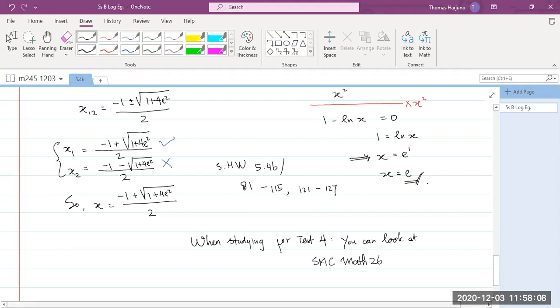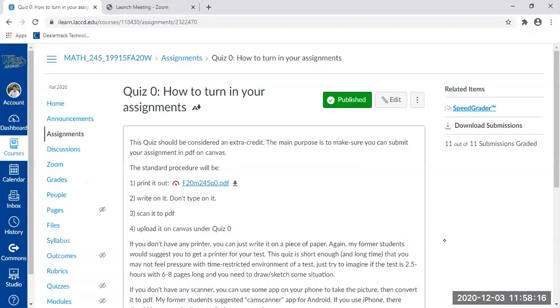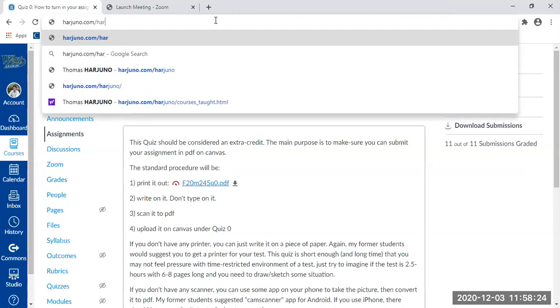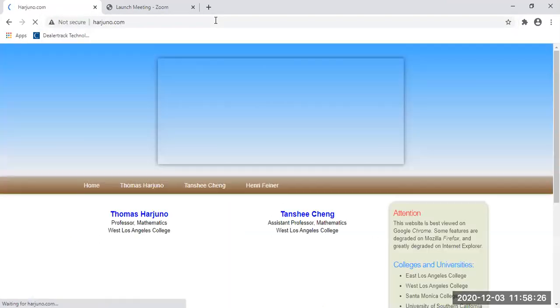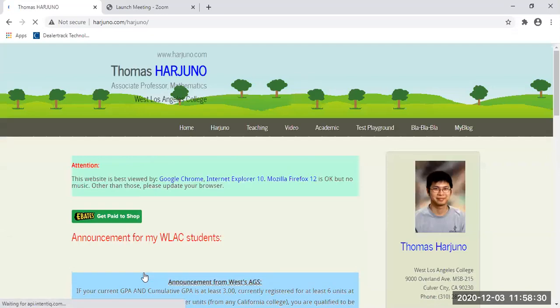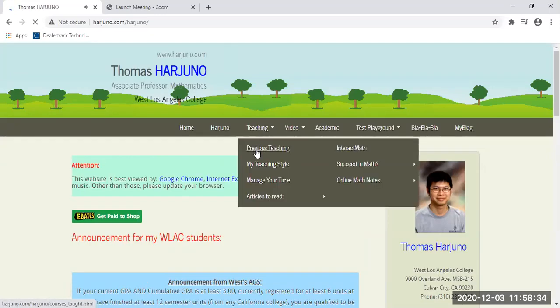Now, of course, it's not on our campus, but it is with my website. Let me show you. My website is harjuno.com. Harjuno.com, and then you click my name or my face, right? Now go to teaching, previous teaching.